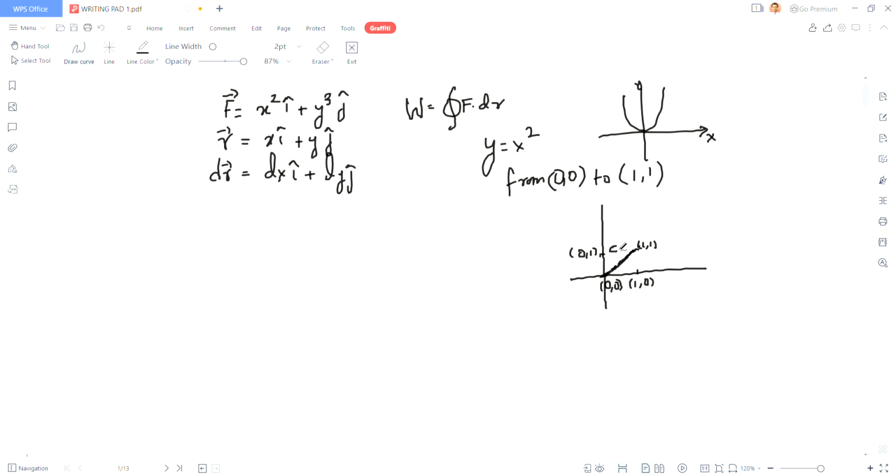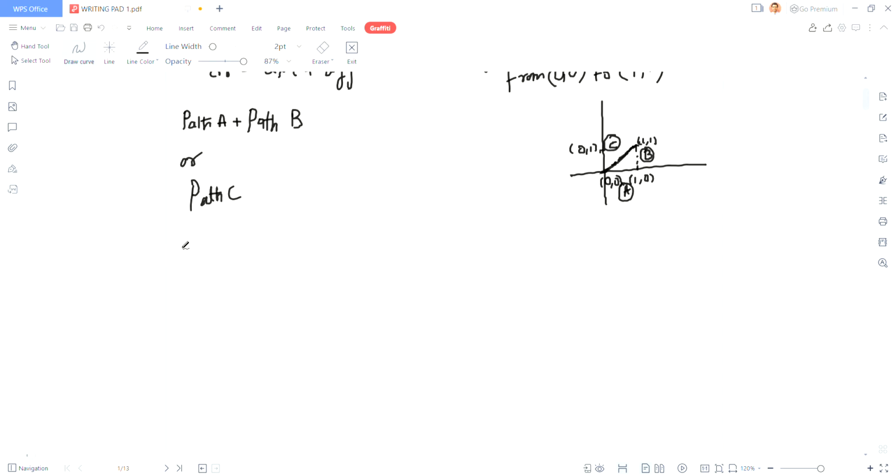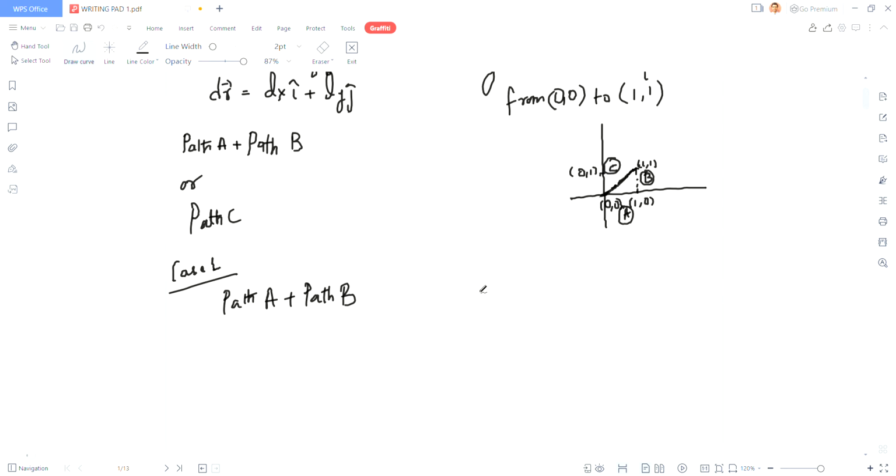Let us name this path as C, this path as B, and this path as A. We can proceed in two ways: consider path A plus path B, or just path C. In case 1, we have path A plus path B. In that situation, we have to go from 0 comma 0 to 1 comma 0, then 1 comma 0 to 1 comma 1.